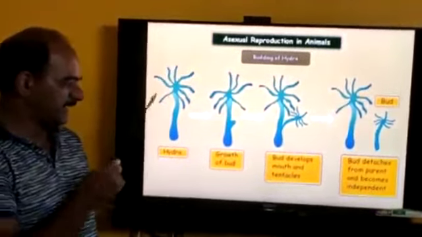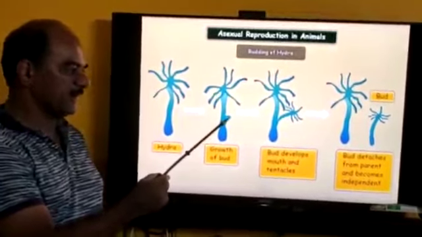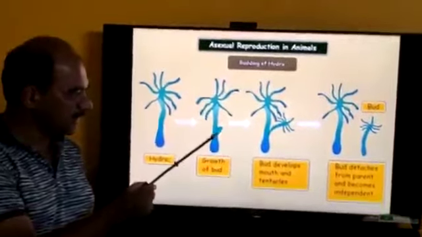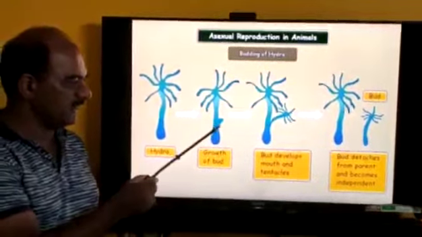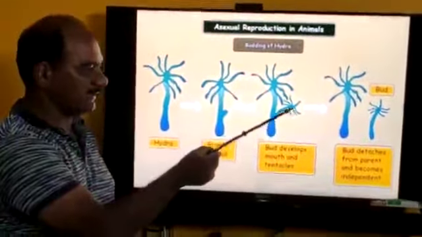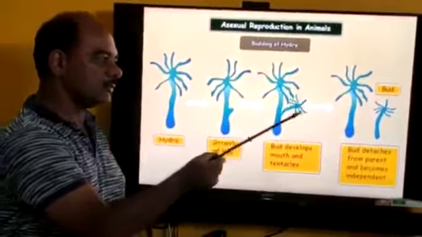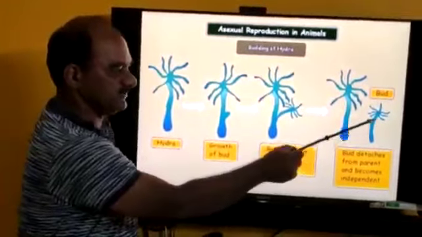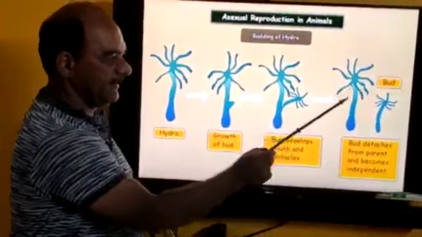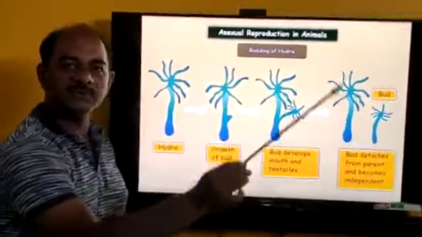The parent develops a growth, or bud, toward the basal end of the Hydra. When this bud is developed, it develops into a mouth and tentacles, and later the fully matured outgrowth detaches from the original Hydra, the parent, as an offspring. A new organism is developed without fusion of gametes.